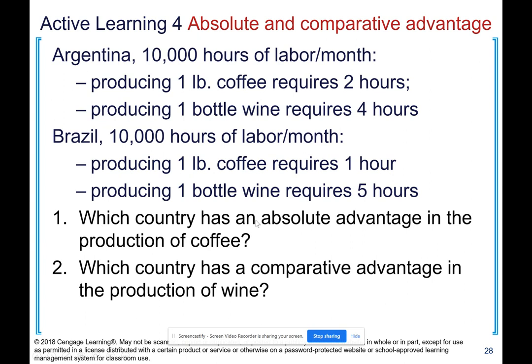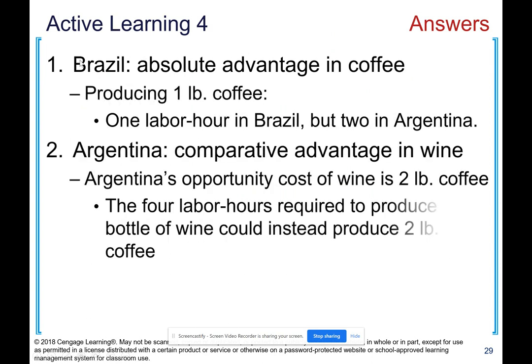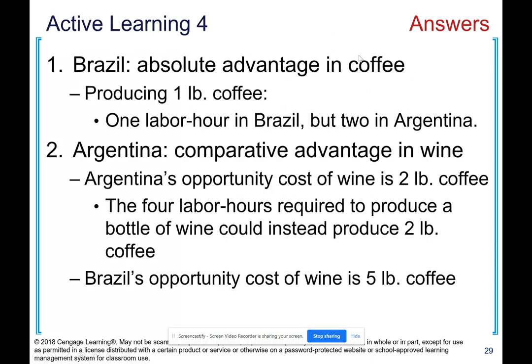One, which country has an absolute advantage in producing coffee? Number two, which country has a comparative advantage in the production of wine? Answer. Number one, Brazil has absolute advantage in coffee, producing one pound of coffee with 1 labor hour in Brazil, but 2 in Argentina.